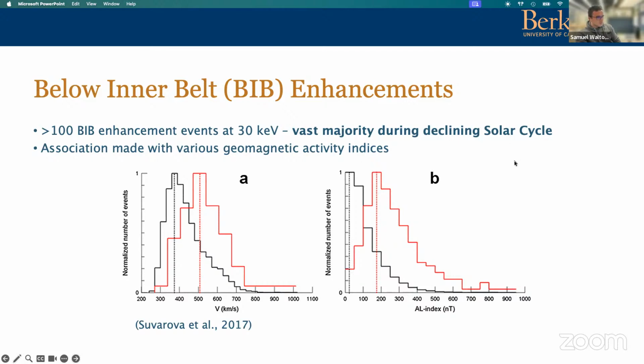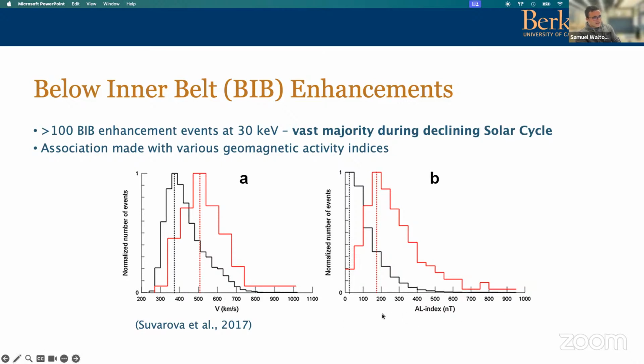The first noticeable result from that paper was that the vast majority of those occurred during the declining phase of the solar cycle. The second was that associations were made strongly with various measures of geomagnetic activity. One of them being solar wind speed, the normalized distribution of events, which seems to have a tail distribution but is somewhat associated with increased solar wind speed.